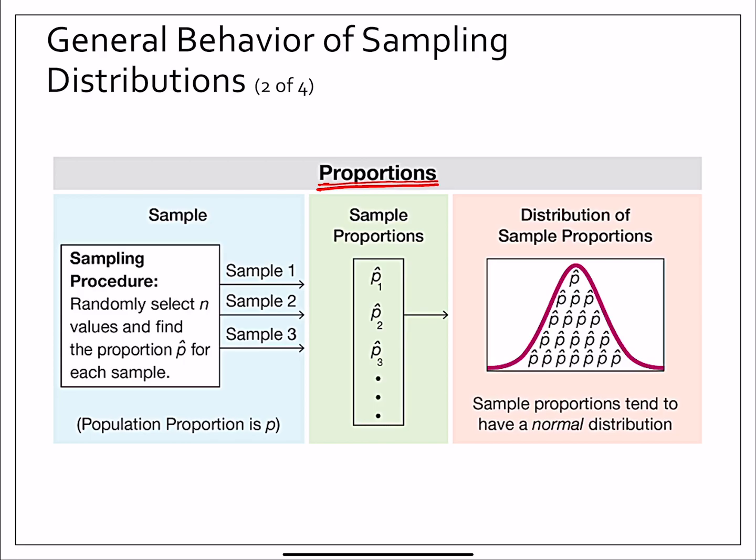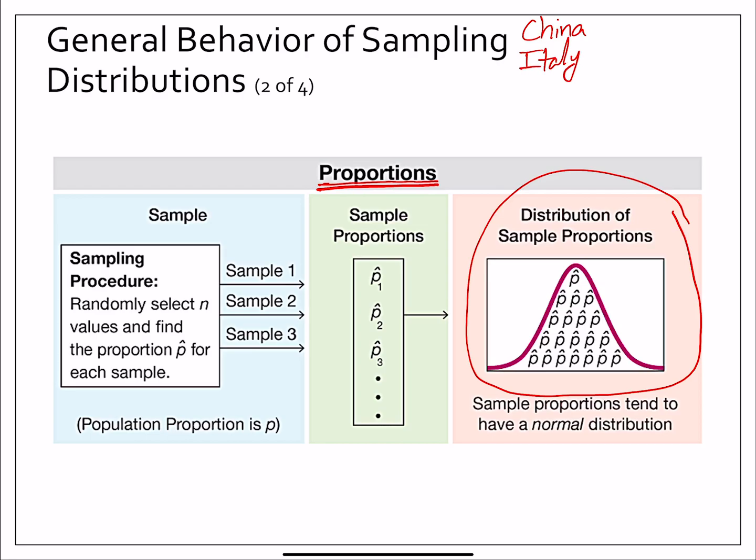And what you should have created was something like this, where you have a distribution of all of those proportions. So when you did that assignment, you had proportions you got for China, proportions for Italy, Spain, US, because you had to do the top 10.